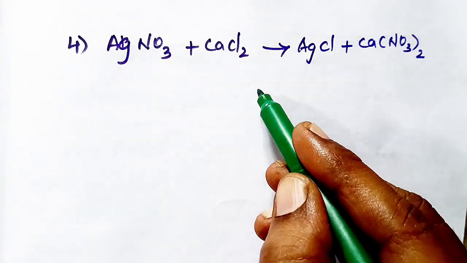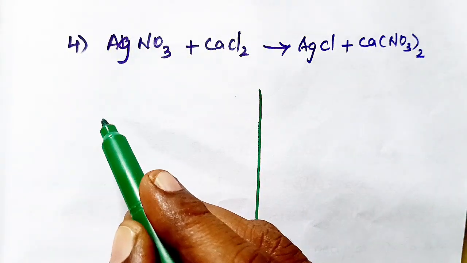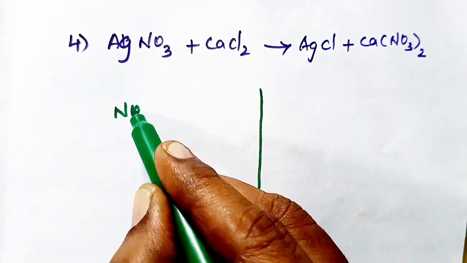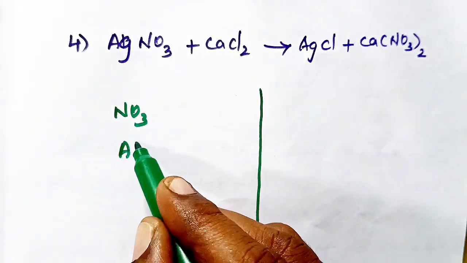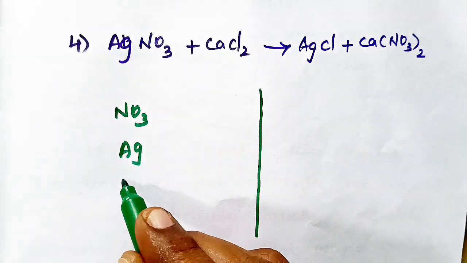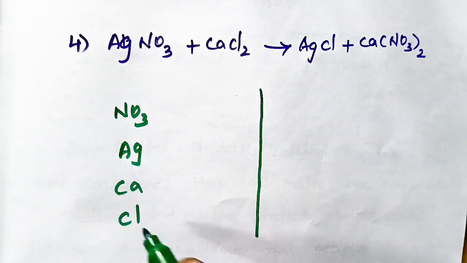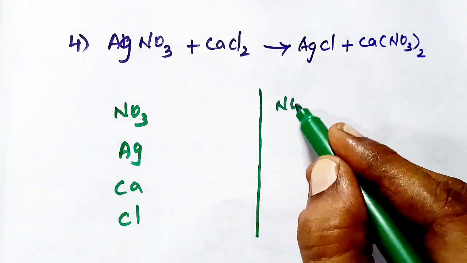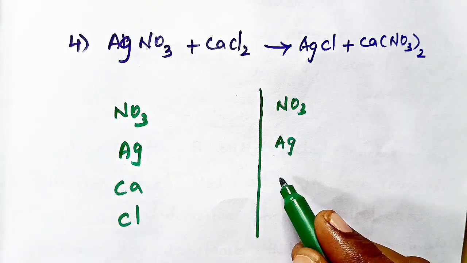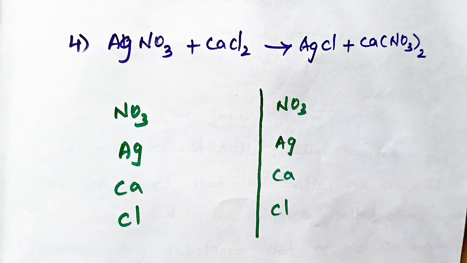Now just write the atoms. First write all polyatomic ions, so NO3, then your metal Ag, calcium, then chlorine Cl. Here also NO3, Ag, calcium, then chlorine.